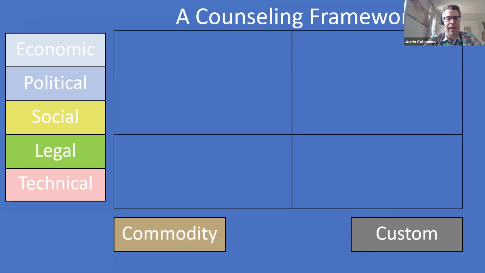So I take that stack, and you have the bright lines of legal and technical going up to social, political, economic. You'll do some custom advice a few times, how to engage with a particular community, etc. And then after you do that a few times, you try to drive it down into commodity. How do I document that?